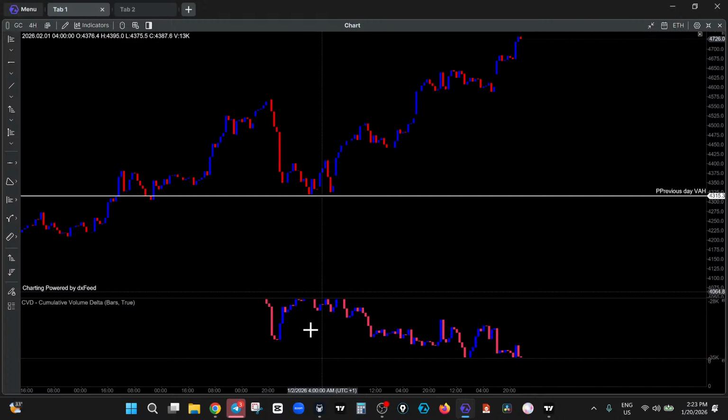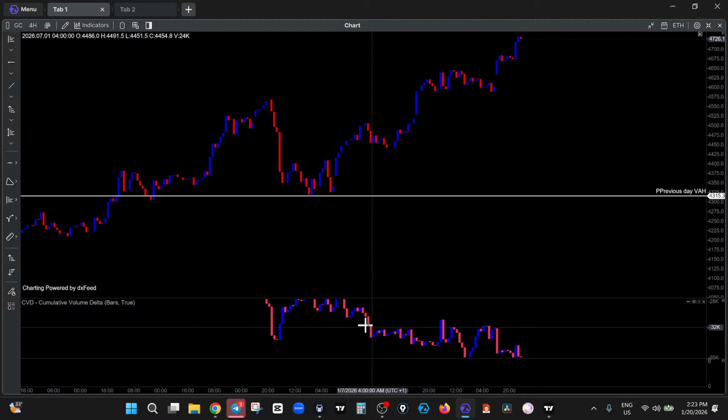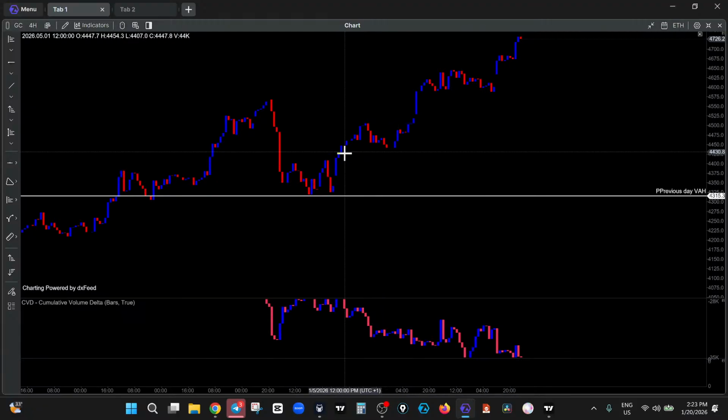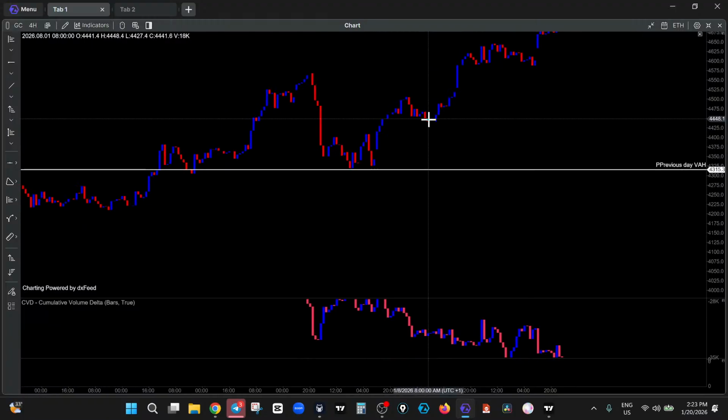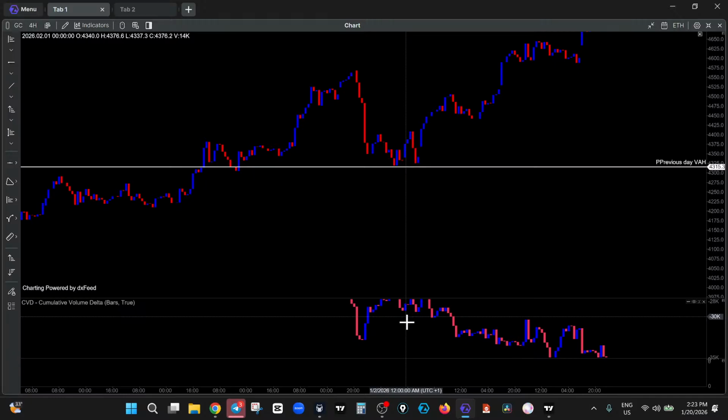So from here, you can see that the CVD is going down and price is heading up. What is it telling you? What it's saying is that people were selling. However, the limit orders were winning.